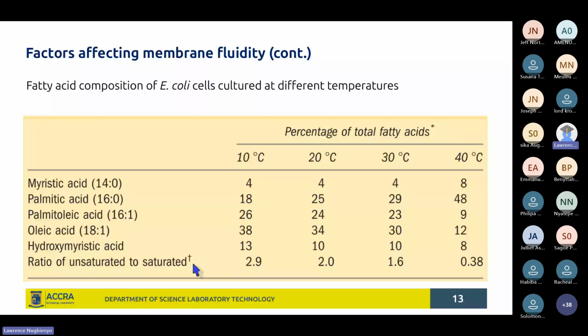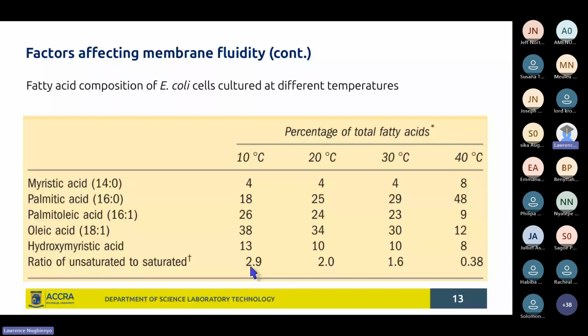To say that if you look at the biomembrane composition of E. coli that was cultured at 10 degrees Celsius, you see that there is a high ratio of unsaturated to saturated fatty acids.